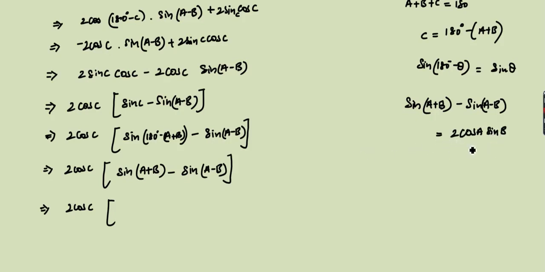Sin of A plus B minus sin of A minus B is nothing but 2 cos A sin B. So in place of sin of A plus B minus sin of A minus B, we can write 2 cos A sin B. So let's write it. This can be written as 2 cos A sin B.